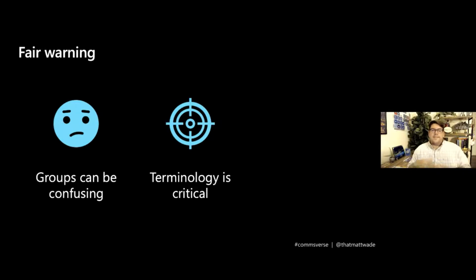Same with the word team. If you look through my slides here, you will notice that I always capitalize Group or Team if I'm talking about the specific Microsoft aspect of it, and I will not capitalize it, or I'll try to use a different word if possible, when I'm talking about the general English word. Try to do that yourself, because it can otherwise be very confusing if you don't stick to a common and consistent terminology.